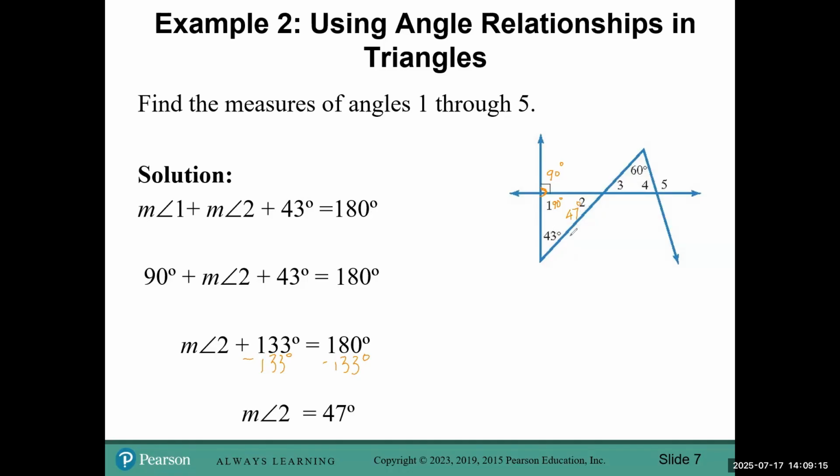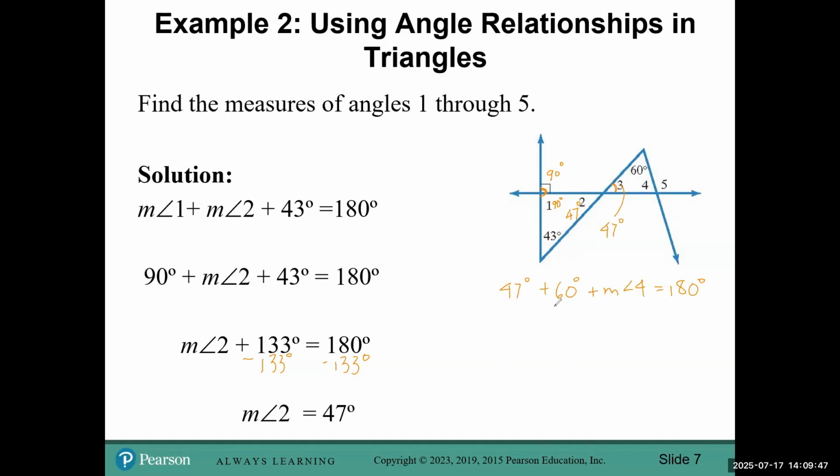And now once I know that that's 47 degrees, I notice over here a vertical angle. So I know that angle 3 is also 47 degrees. And now that I know this angle, I can find angle 4 because I know that the 47-degree angle plus the 60-degree angle plus whatever measure angle 4 has to equal 180 degrees because these three angles form a triangle.